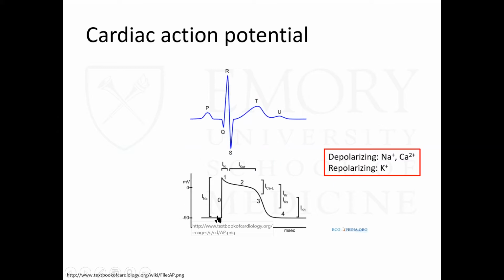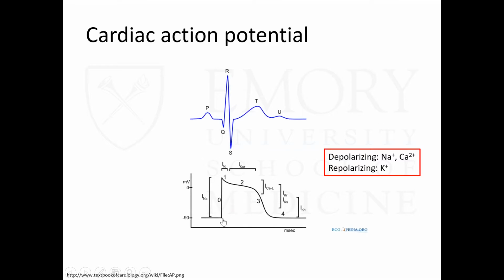If you overlay the action potential of a myocyte on an actual surface 12-lead EKG, forget about the P wave right now and just focus on ventricular events, which is the QRS. Phase 0 here, the opening of sodium channels, which corresponds to the onset of depolarization, will time with the onset of the QRS.